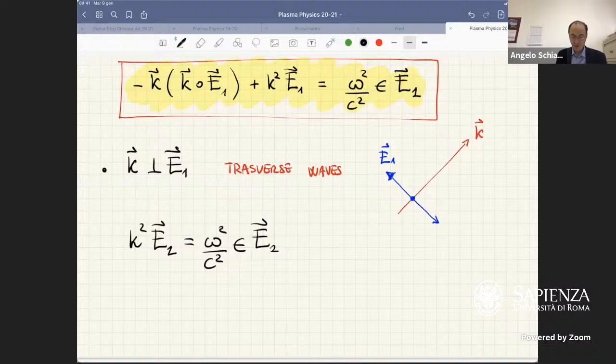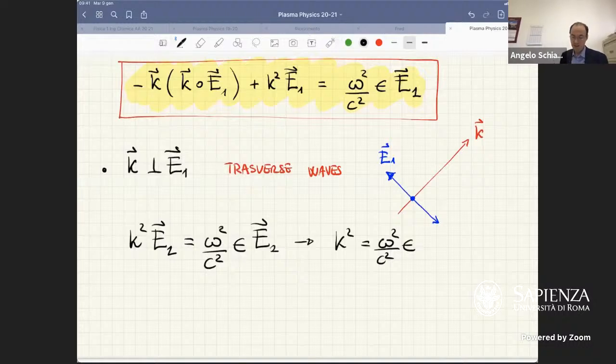And seeking for a solution, we see that the dispersion relation becomes k squared equals omega squared over c squared times epsilon.